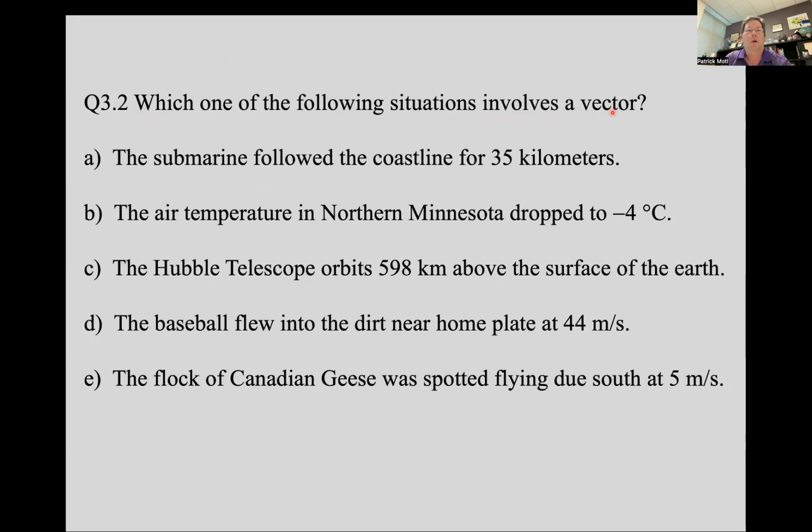Right. So read through them carefully, think them through, compare them with your physics friends, and answer which out of those 5 is describing a vector, something that has a magnitude and a direction. And when you have your answer, go ahead in the video.